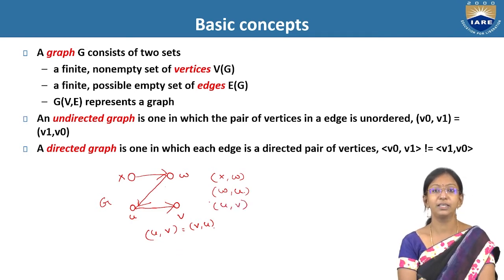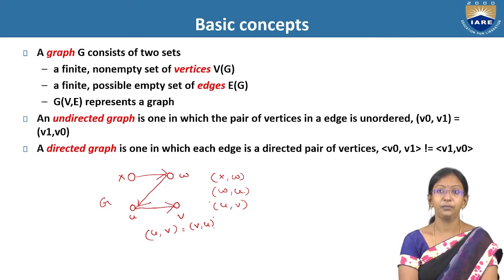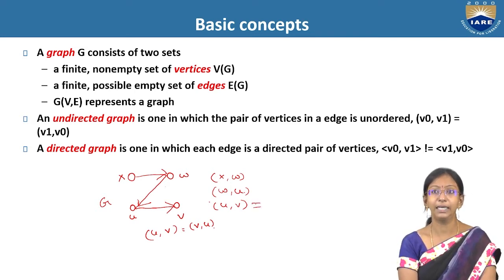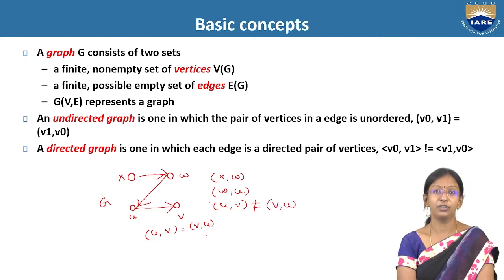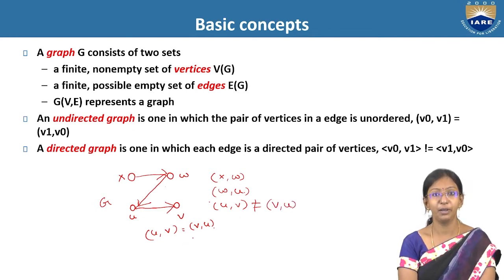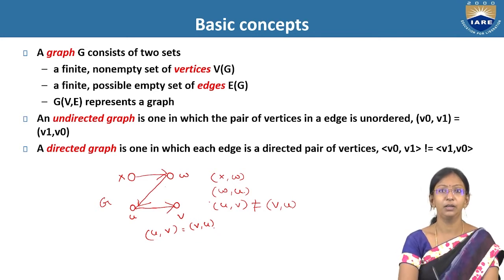It is shown. You are going to have directional edges in the case of directed graphs, right? Here we cannot claim that V to U is an edge. The graph may or may not have it. It can be in either way, right?